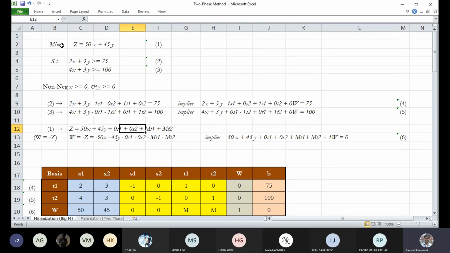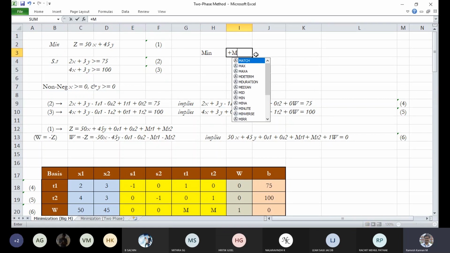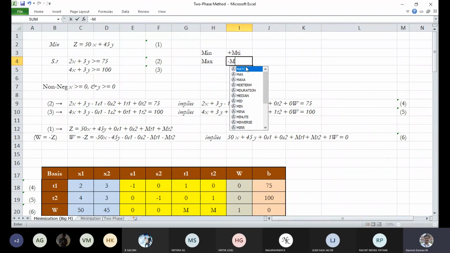And then this is a minimization case. For a minimization case, if it involves artificial variables, we add the artificial variables like this: for i ranging from 1 to n, plus M into ti. If it is a maximization case, we subtract, minus M into ti.